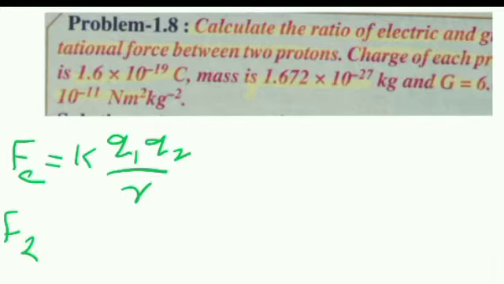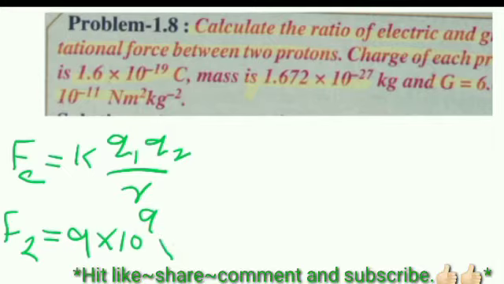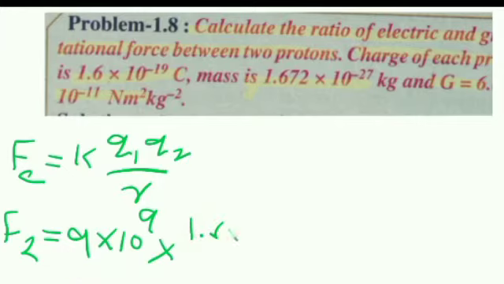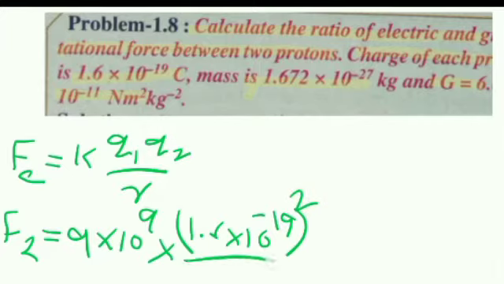Fe: K value is 9 into 10 to the power of 9, Q value given is 1.6 into 10 to the power of minus 19, whole square by R square.